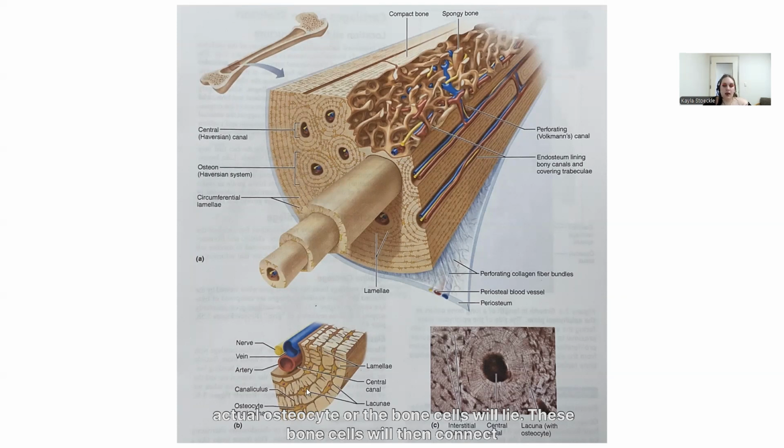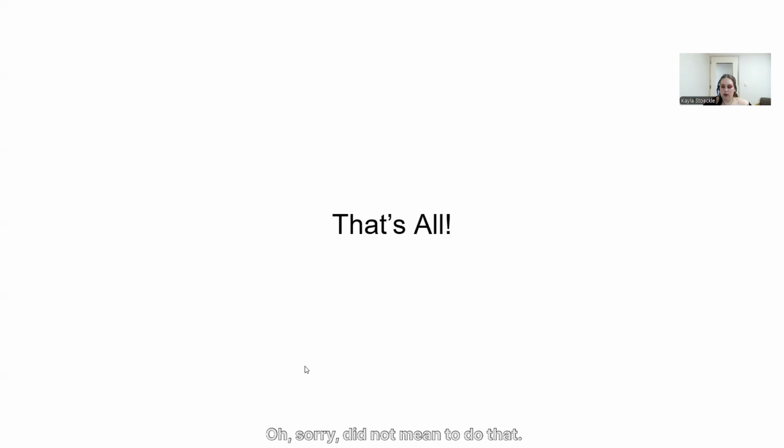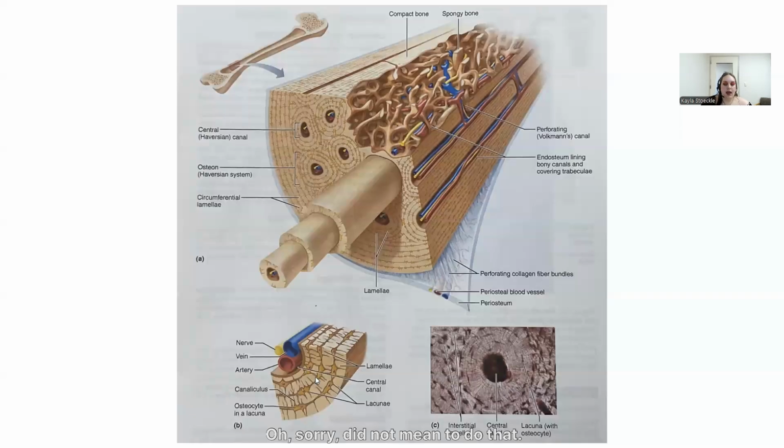These bone cells will then connect through the canaliculus to each of the lamellae. So the canaliculus connects each of these lamellae together, and they all lead into the central canal.